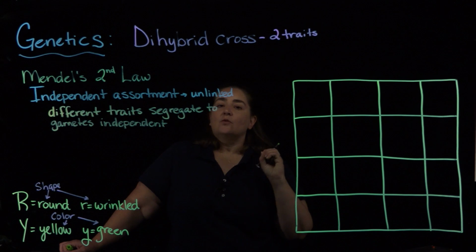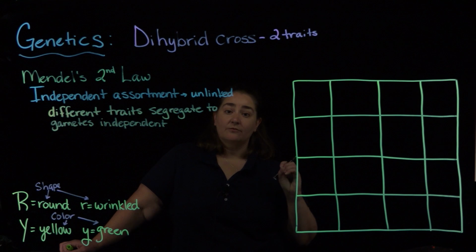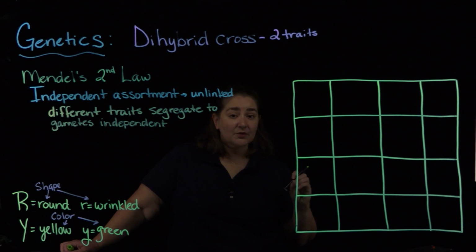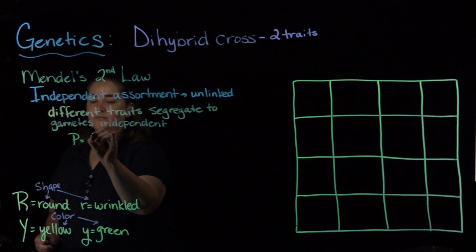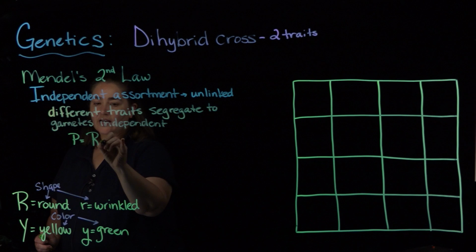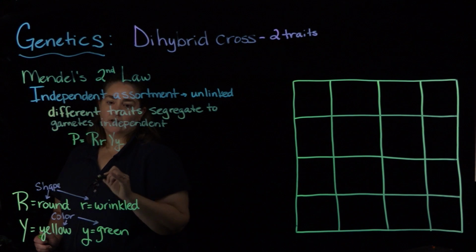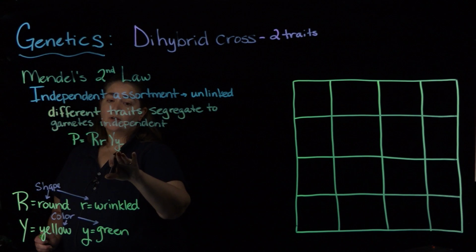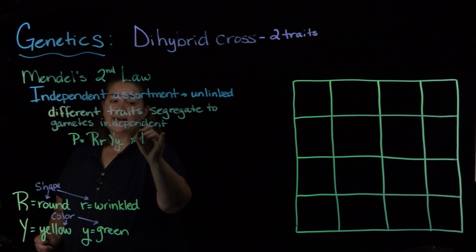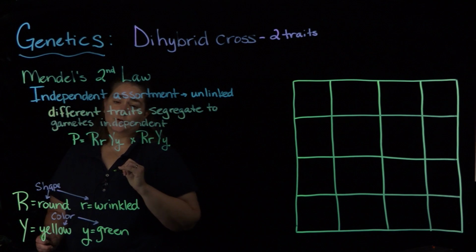For our dihybrid cross, we're going to follow two traits, and in the example I'm going to use, our parental generation is heterozygous at each locus. Mom is heterozygous for seed shape and heterozygous for seed color. Dad is also heterozygous for both traits.